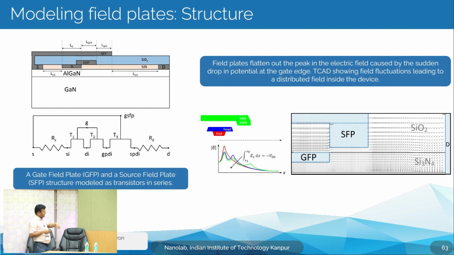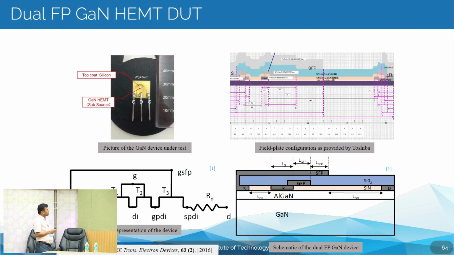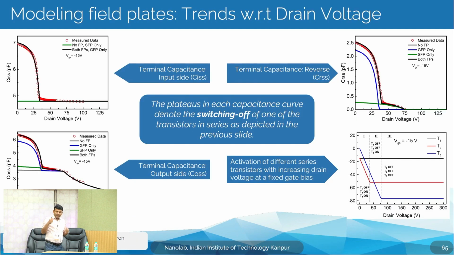We know that field plates are used to minimize the peak electric field and distribute it over some length. This is a device for which we had data, with the different types of field plate connections shown. The field plates especially affect the capacitances, they do not affect the normal current behavior.